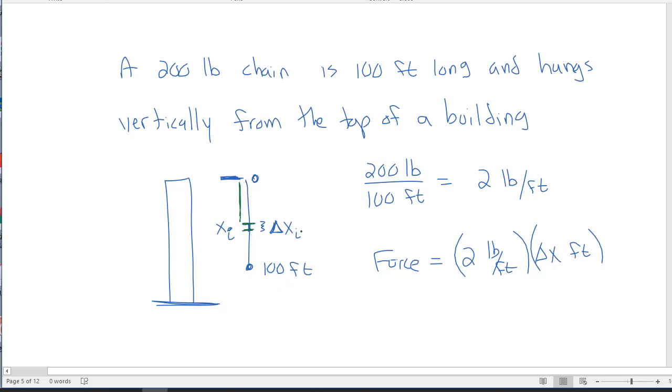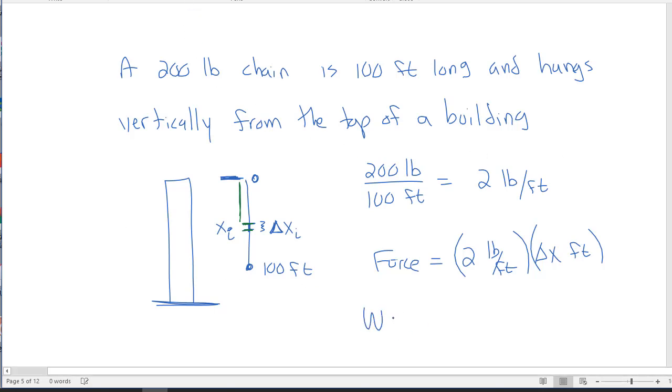If this chunk of chain was at the 80-foot mark, then this chunk of chain is going to move 80 feet. So if I'm picking any arbitrary x location, this chunk of chain at the x location is going to move a distance of x sub i feet. If I'm thinking of work, work is force times distance.